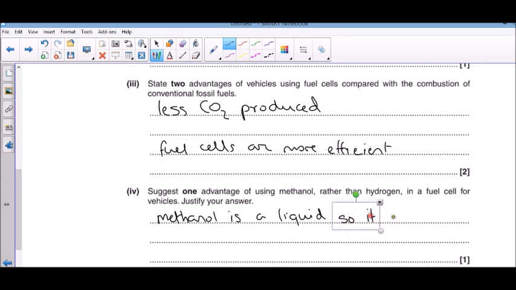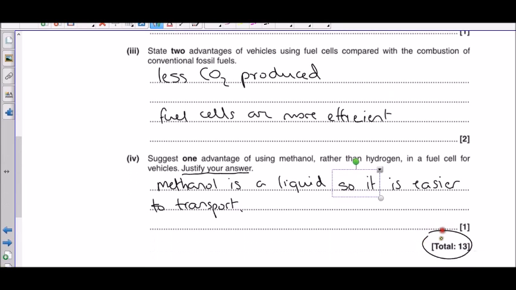So it is easier to transport. Okay, so that's the justify bit. So suggest one advantage, methanol is a liquid. Justify it, it's easier to transport. And that's a total of 13 marks for question 4.